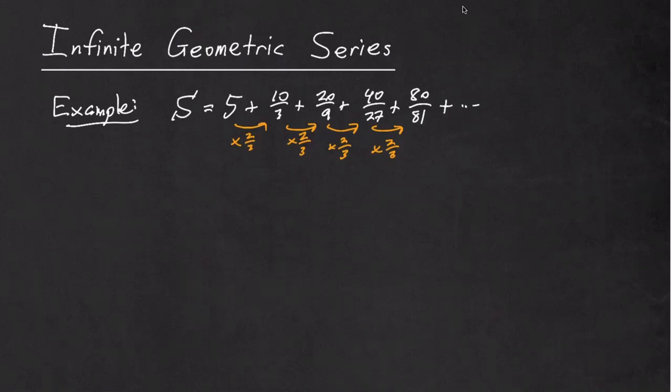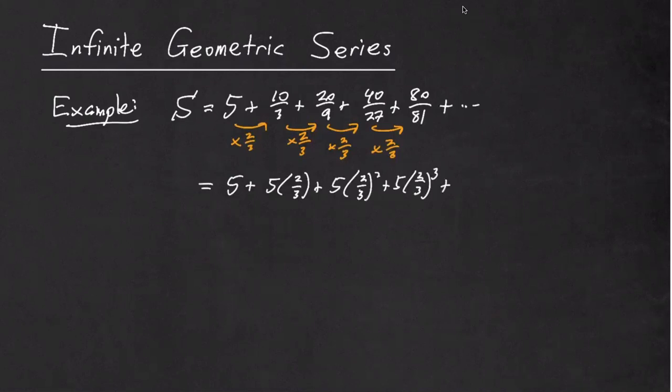And let me just rewrite this, a little more explicitly. 5 plus 5 times 2/3 plus 5 times 2/3 squared plus 5 times 2/3 cubed. And one more, 5 times 2/3 to the 4th, and so on.